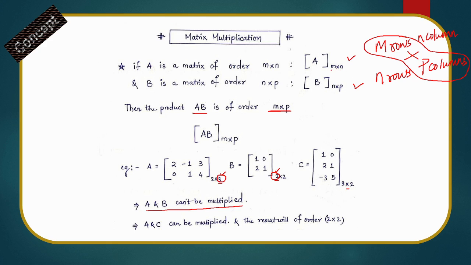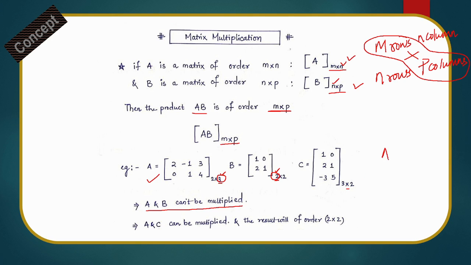Here you can see m cross n and n cross p. So n is common, that's why we are able to multiply, and the final order is m cross p. But in the example, as 2 cross 3 and 2 cross 2 are given, AB cannot be multiplied. A and C can be multiplied, and the result will be of order 2 cross 2. Why?